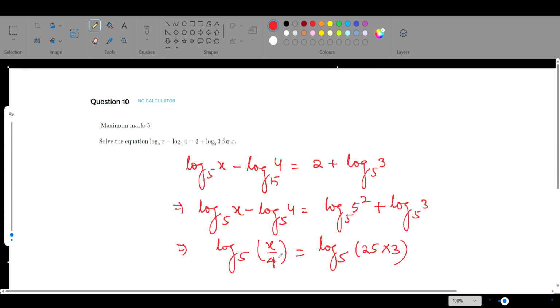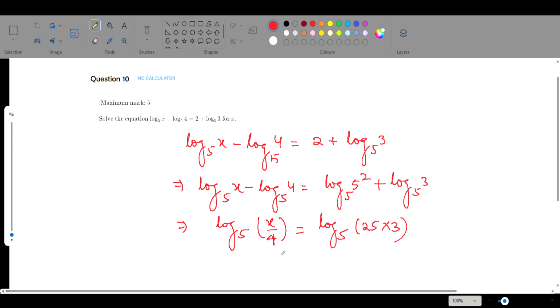Right, so now we have log base 5 on both sides. Now I can leave log base 5 and I have just the arguments, that is x over 4 equal to 25 times 3, which is 75. What is x?